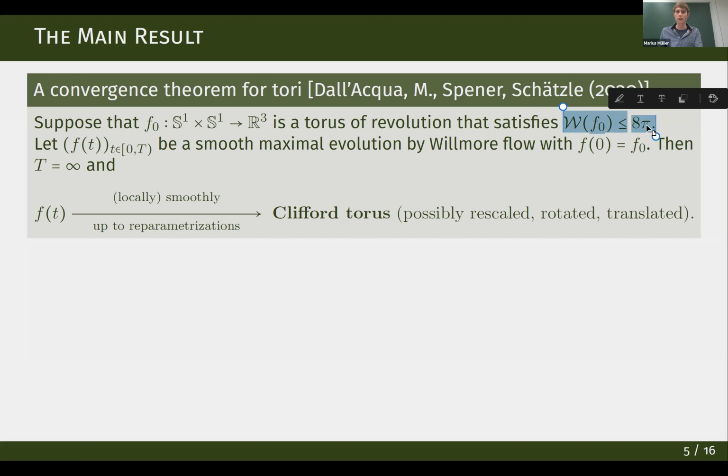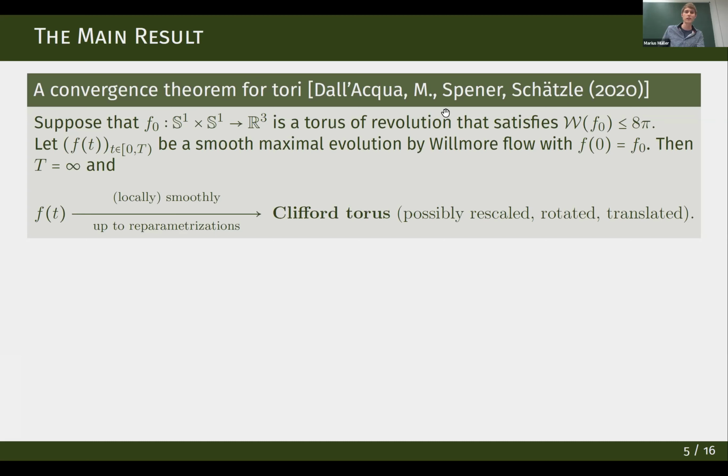the Willmore energy, we also require the initial energy to be smaller or equal to 8 pi. It is the same as for spherical immersions. So this was sort of surprising, or maybe also not.